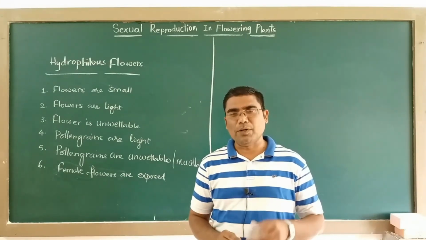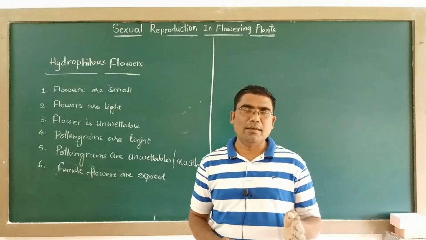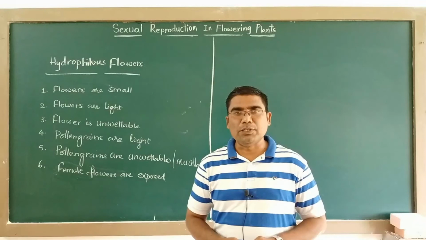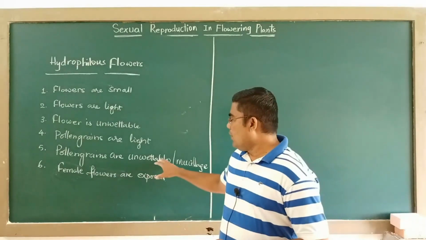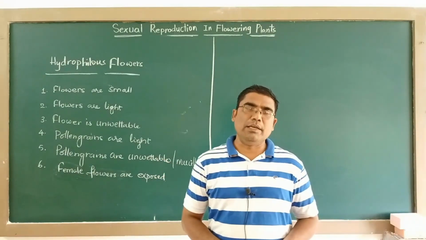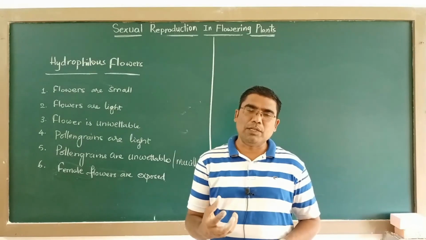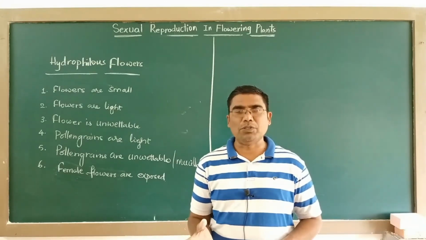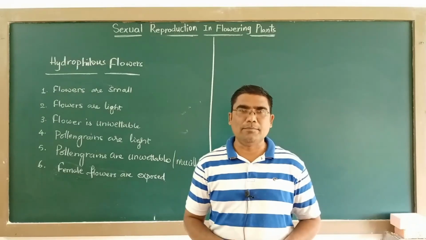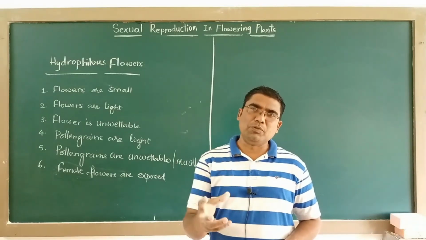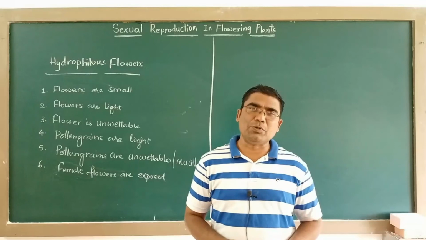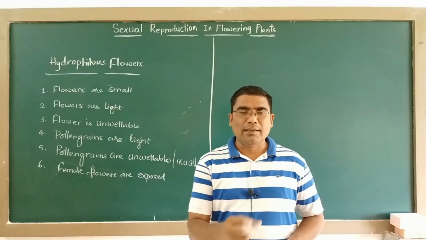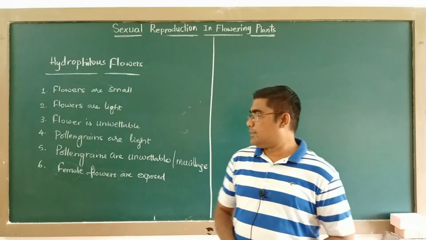This mucilage protects the algae from the water and avoids decomposition. In such a way, pollen grains are also covered with mucilage. It avoids the decomposition of pollen grains in water, and also provides the sticky nature to the pollen grains. Because of this, they can easily attach to the female flowers.